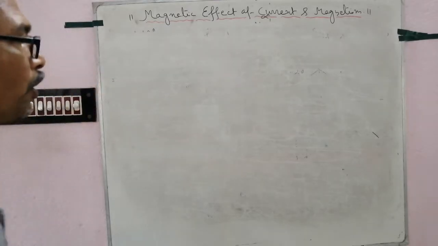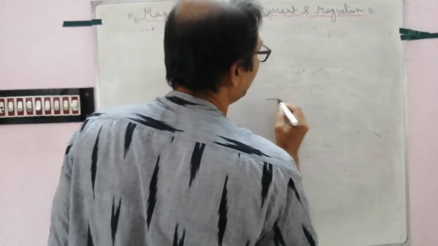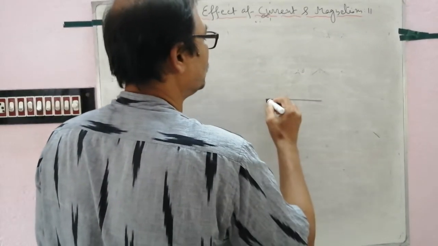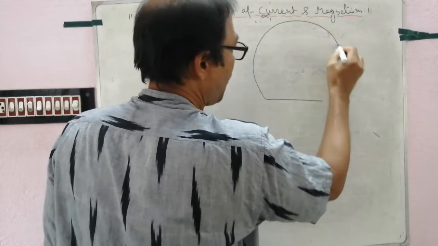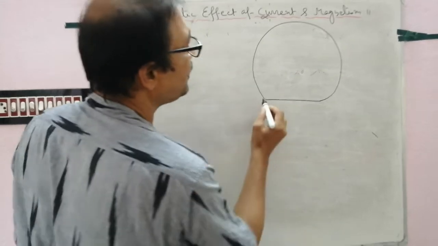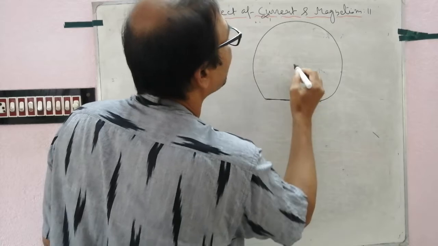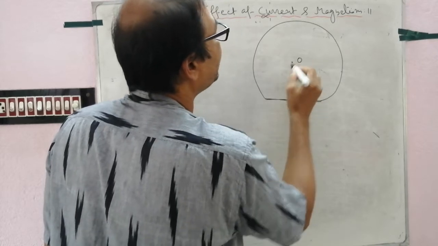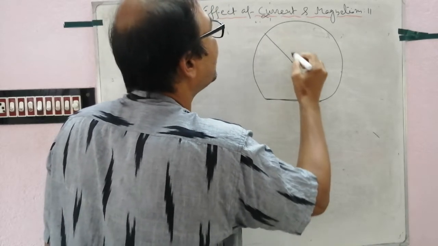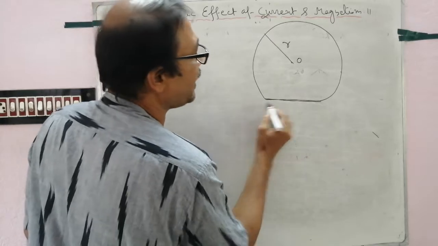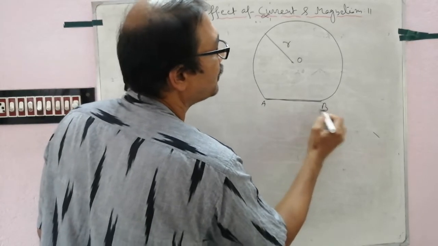Now, a very important problem. This is a wire, this is center O, the radius R, and AB is a straight wire.